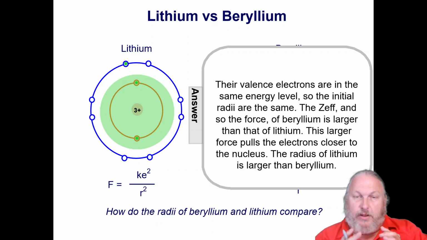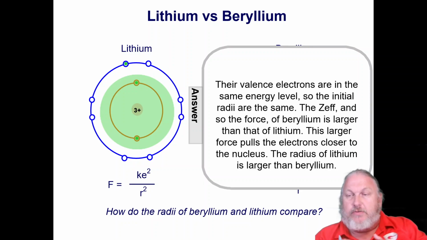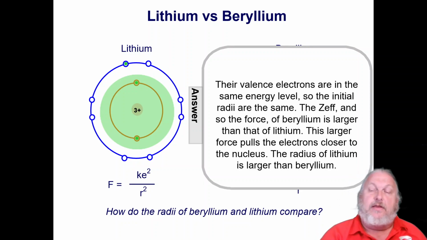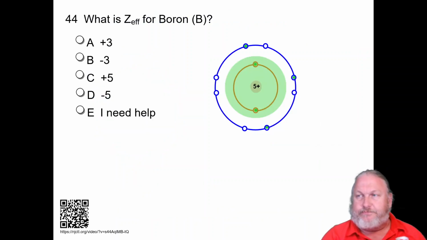So beryllium, even though it's a larger atom in numbers, the radius is going to be smaller than lithium. Lithium will be a larger atom.